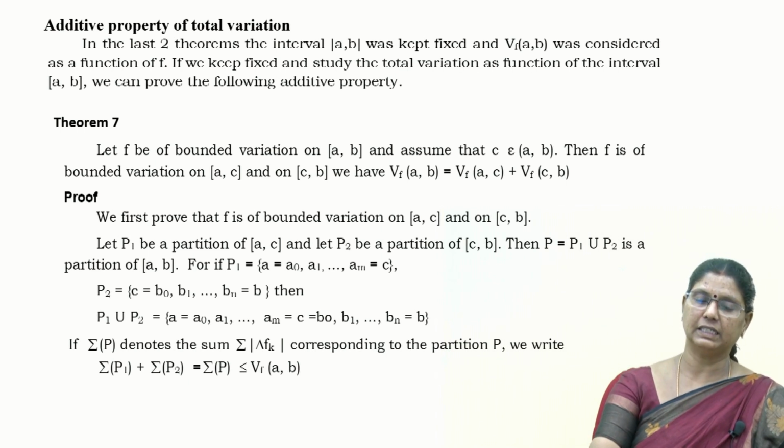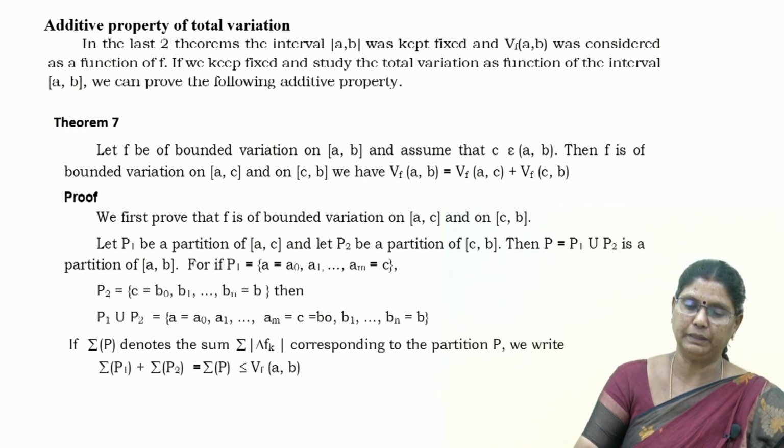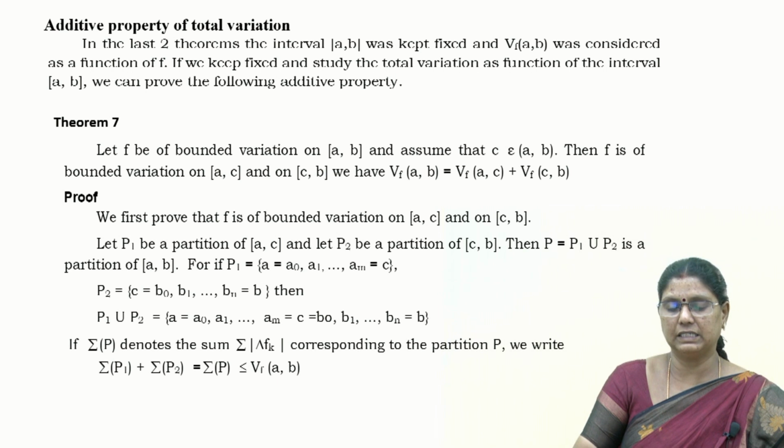For that, let us consider two partitions, say P1 and P2, where P1 is a partition of the closed interval [a, c] and P2 is a partition of [c, b]. Then P, which is equal to P1 union P2, is a partition of the closed interval [a, b]. Let us consider P1 from a to c, with points a0, a1, etc., am equal to c, and P2 from c to b.